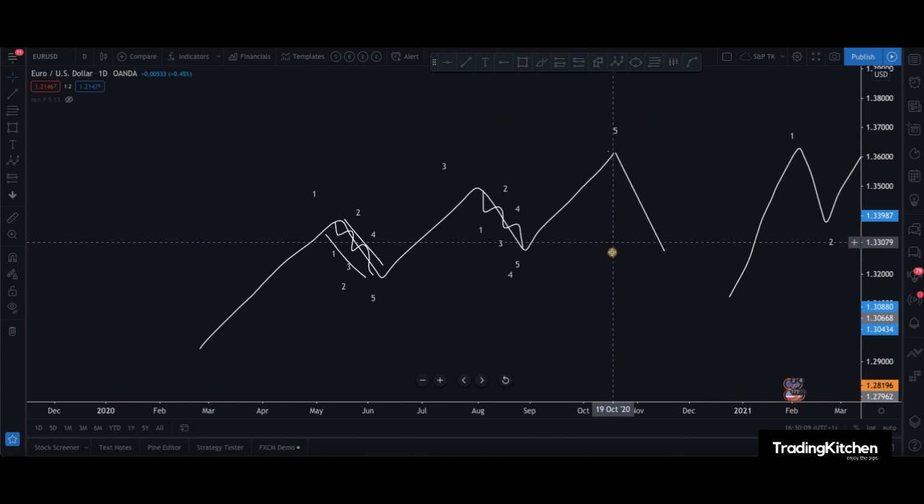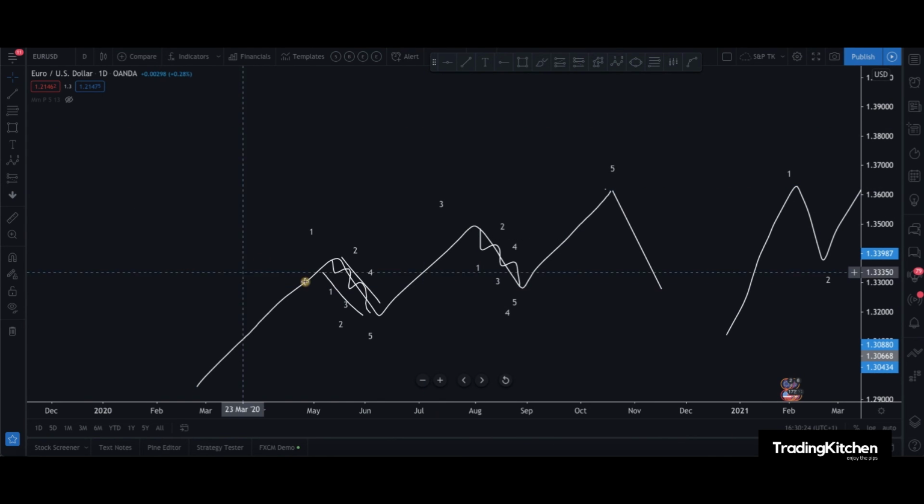As you can see all these patterns with the lower time frame, this is a normal movement of the market in all time frames. So on the daily time frame you will see a very big movement, but try to look for the same pattern on the lower time frames.